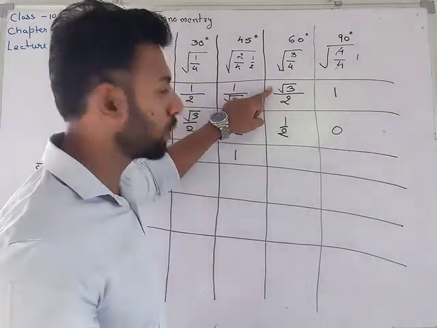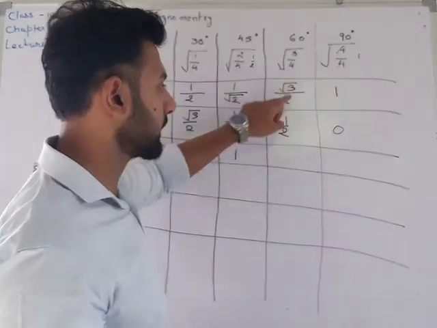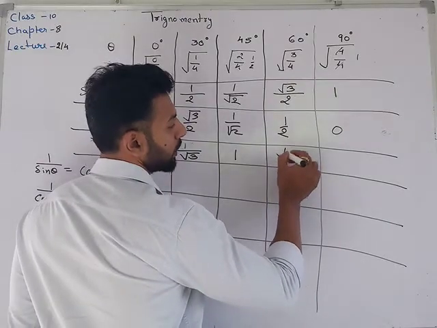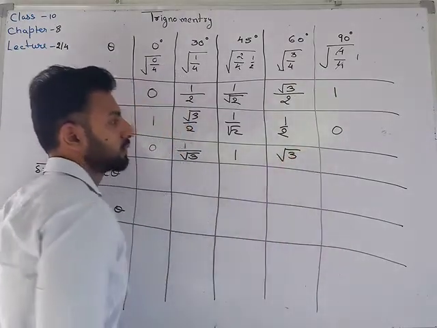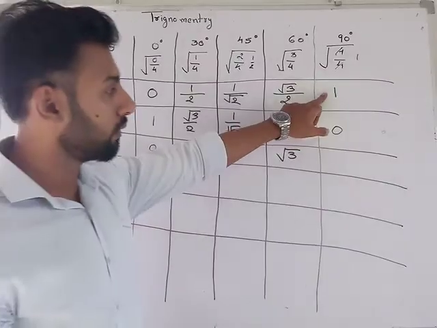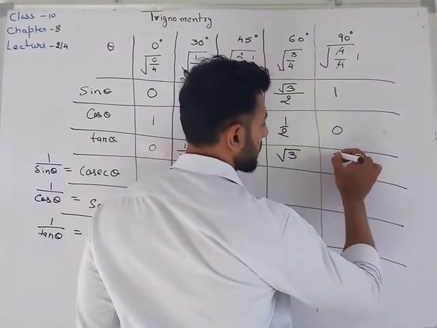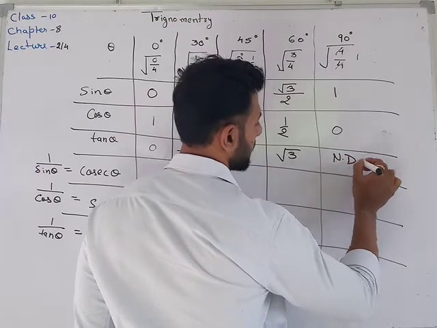Root 3 by 2 divided by 1 by 2: this 2 will get cancelled out with 2, means root 3 by 1. So the value will be root 3. Now 1 upon 0 is not defined. Something upon 0 is not defined.